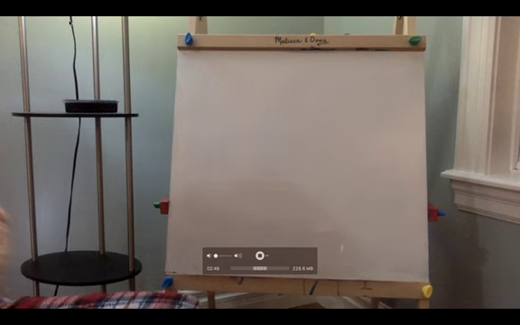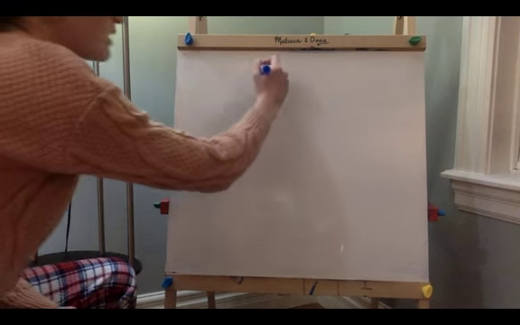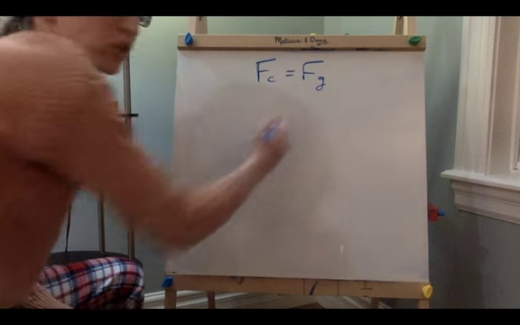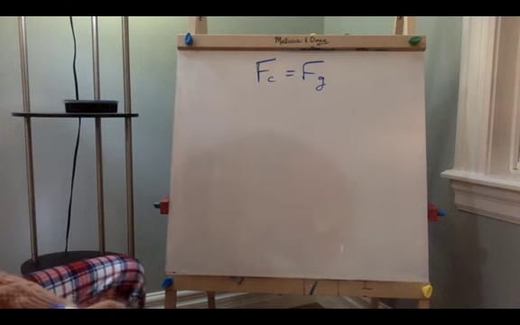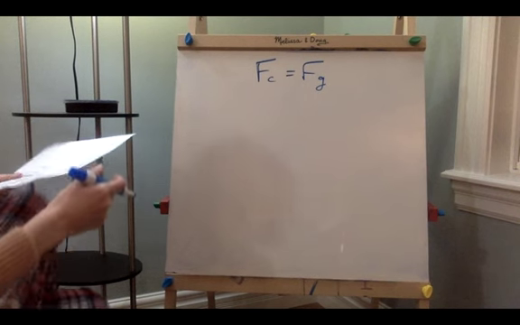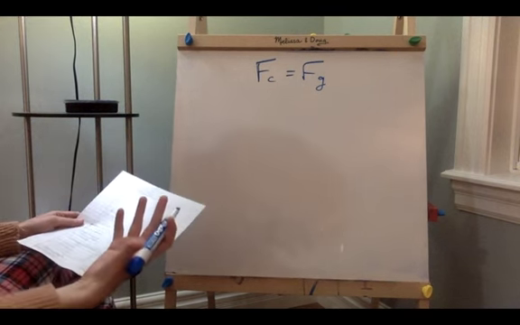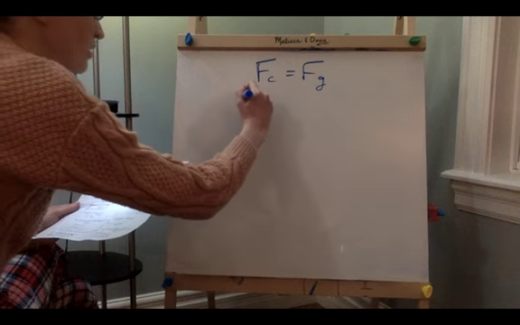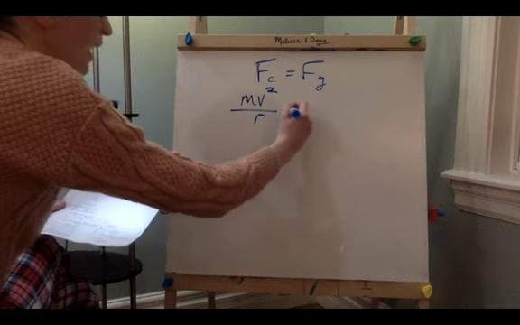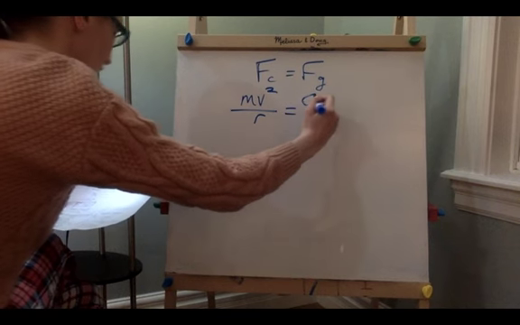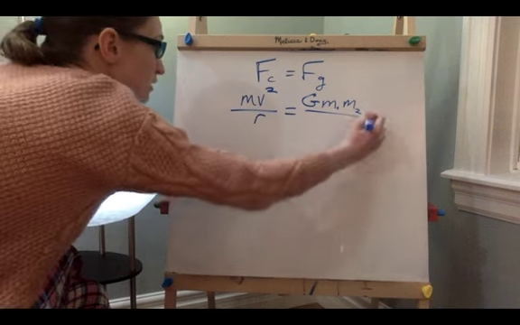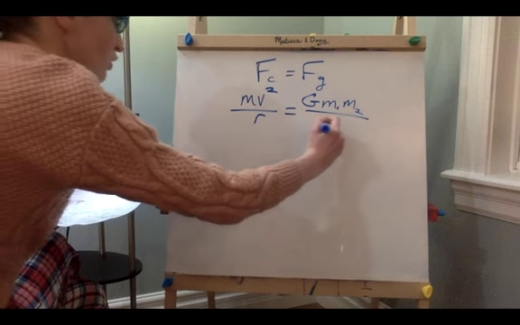Okay, so like we said, we're starting with that same assumption that our Fc is equal to Fg, right? The centripetal force in this case is the same as the force of gravity, pulling these objects together. Since we're wanting to deal with velocity here, we're using that our centripetal force is mv squared over r, and our gravitational force is that gravitational constant multiplied by the two masses divided by r squared.